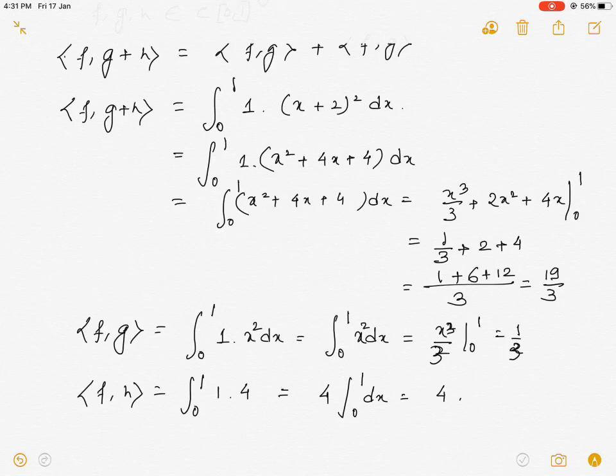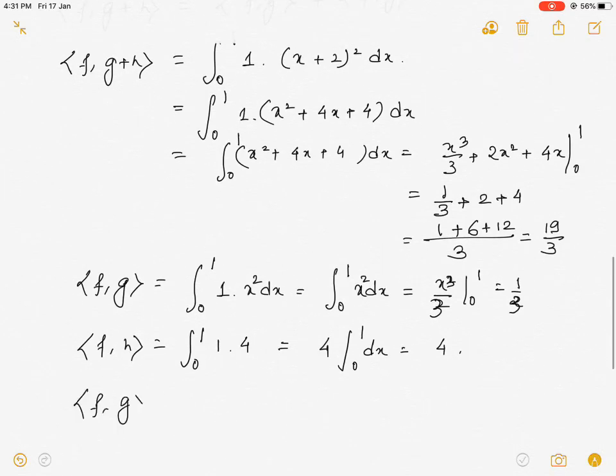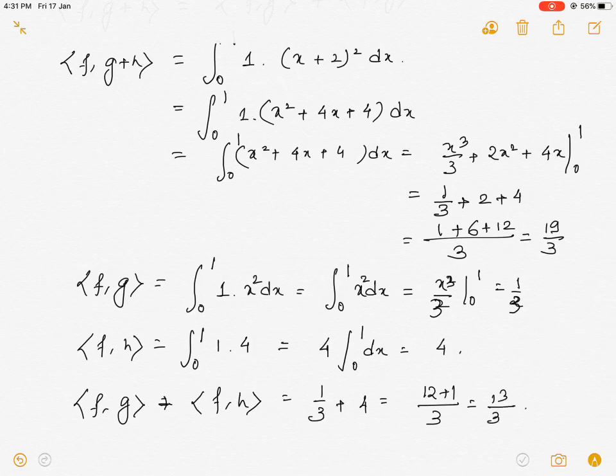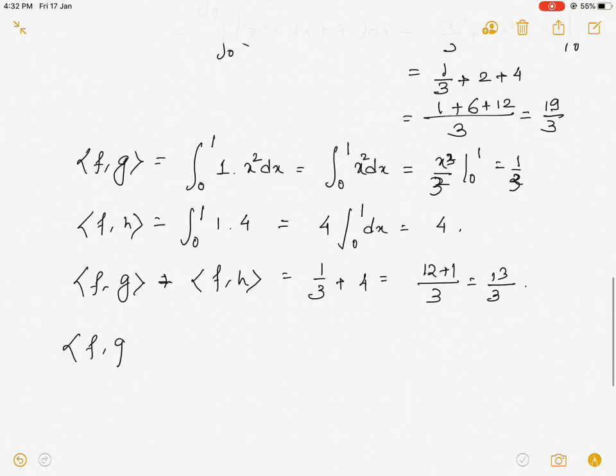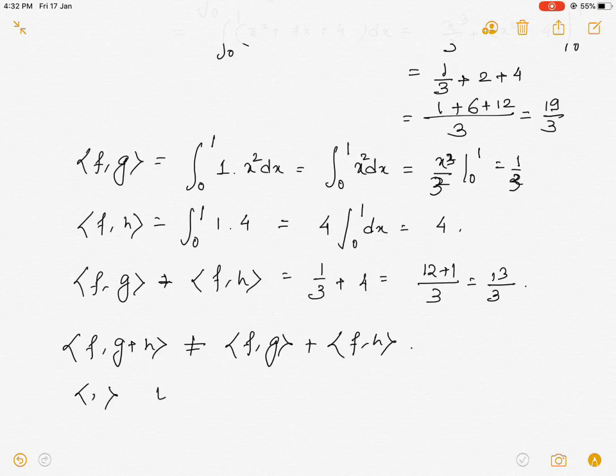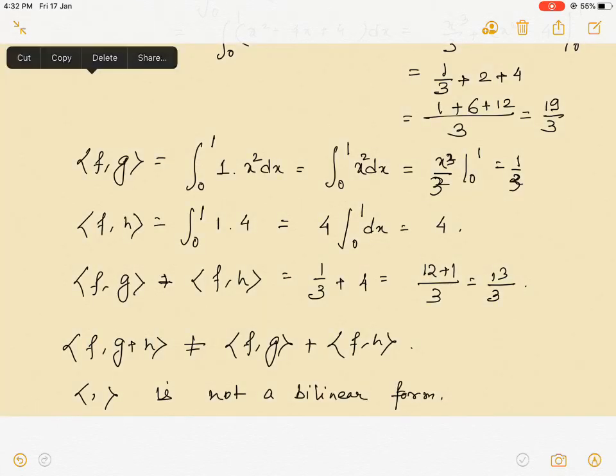Thus 4, plus <f,g> equals 1/3 plus 4, giving us 13/3. Thus <f,g+h> is not equal to <f,g> plus <f,h>, and hence this is not a bilinear form.